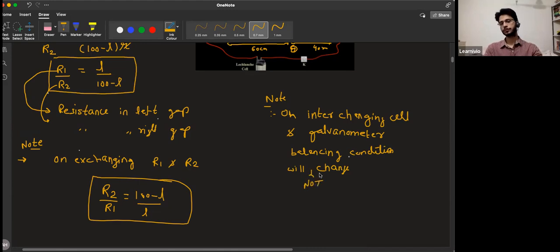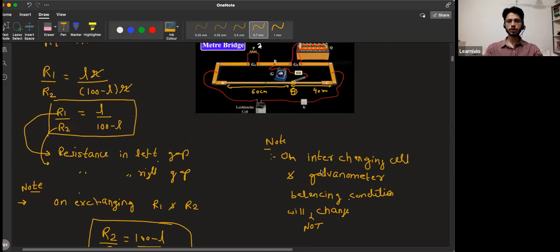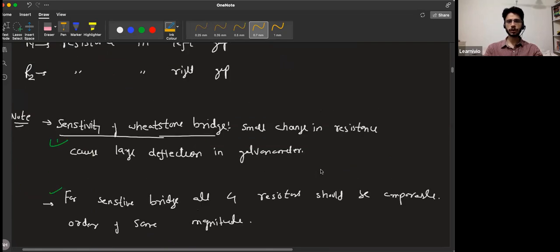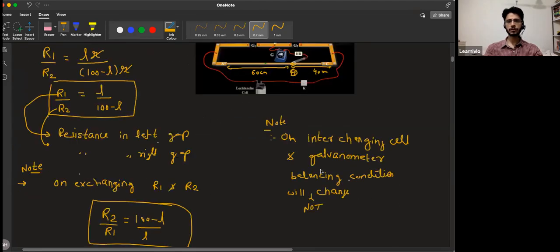Things will remain the same. So these are two conceptual questions. Just note it down. Then we will do some breaks.